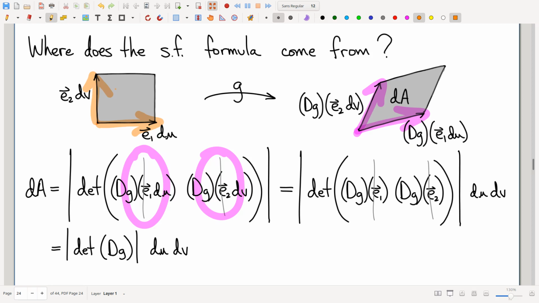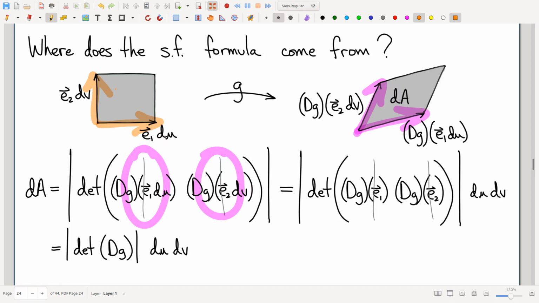Now these edge vectors on the left are pretty easy to understand. We know this is a little rectangle whose width is du, which of course is horizontal, so E1 du, and the height is dv, which is vertical, so that's E2 dv. So how do I turn input vectors into output vectors, keeping in mind that vectors represent changes? Let's say it again: how do I turn input changes into output changes?